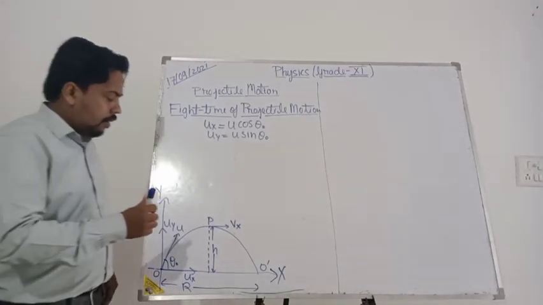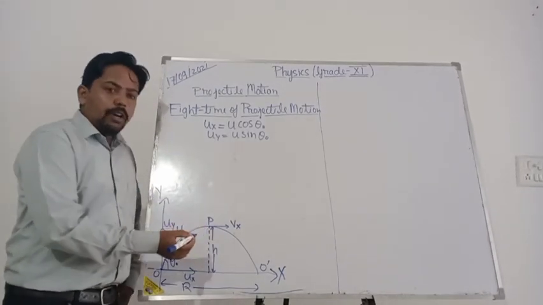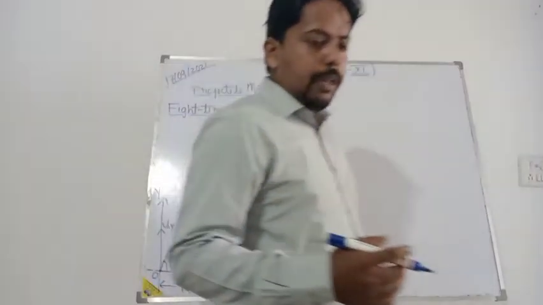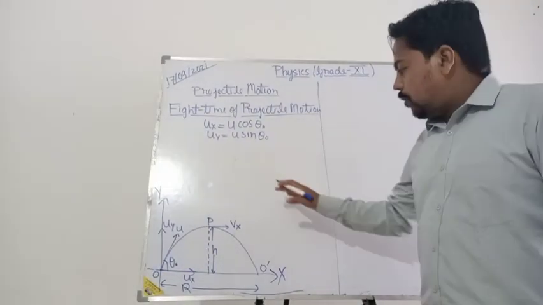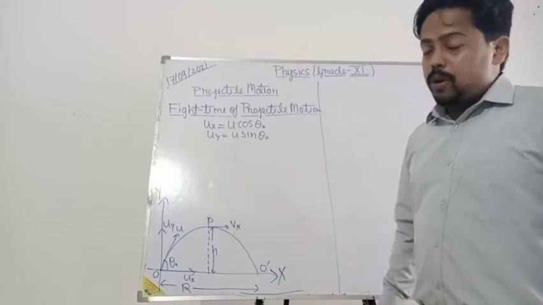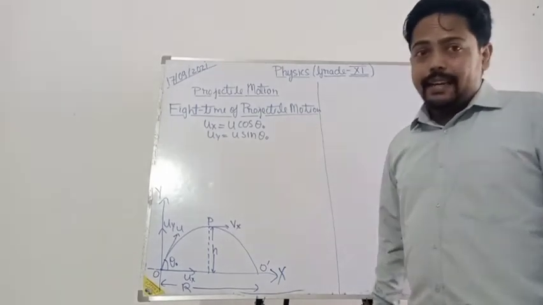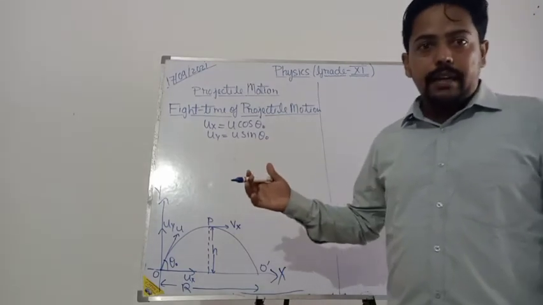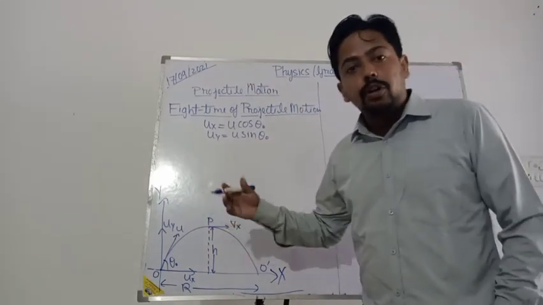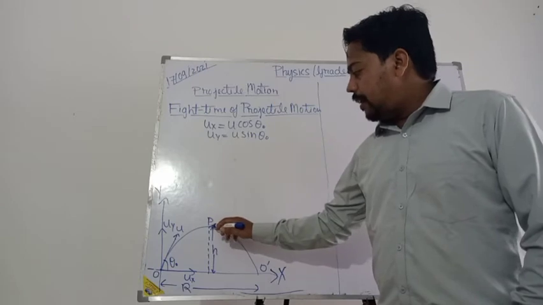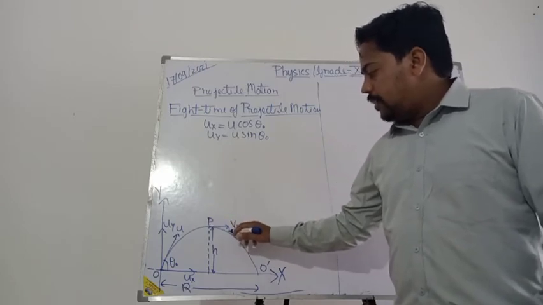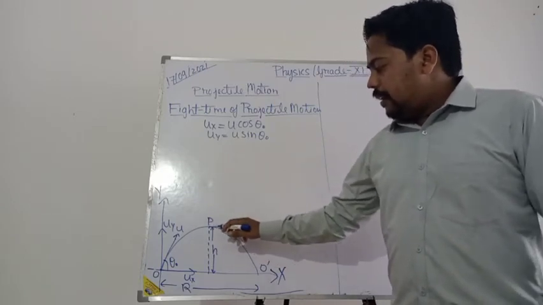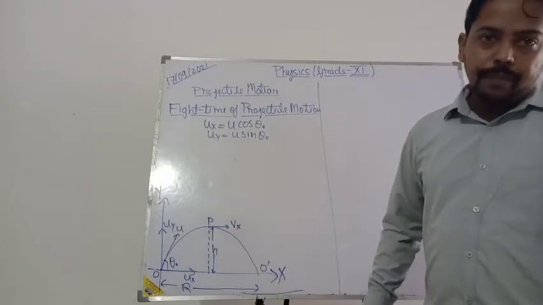So finally at this point, what will be the value? The value will be equal to 0, because after reaching this height the particle has zero velocity. After attaining zero, it again starts its journey, and it has some velocity in the downward direction.